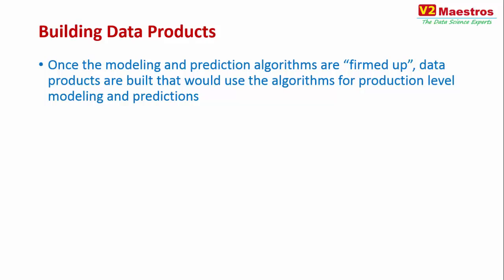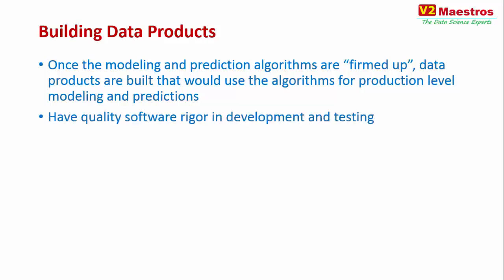This is more like software engineering, more like a software project, because you know exactly the requirements and all you have to do is convert them into a software product. This needs quality software rigor in both development and testing, and it can be deployed in enterprise and cloud models, depending upon what your data product is supposed to do.